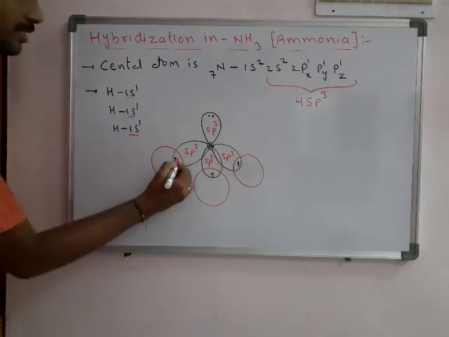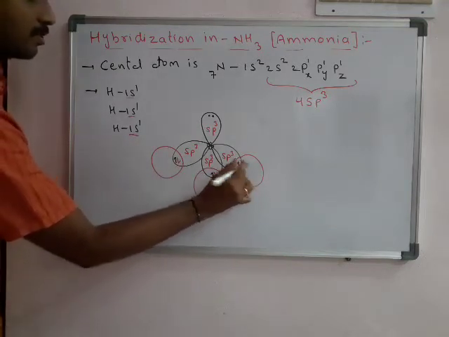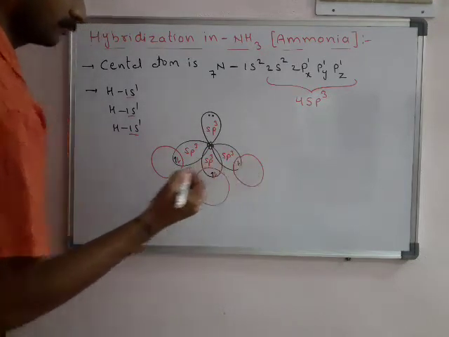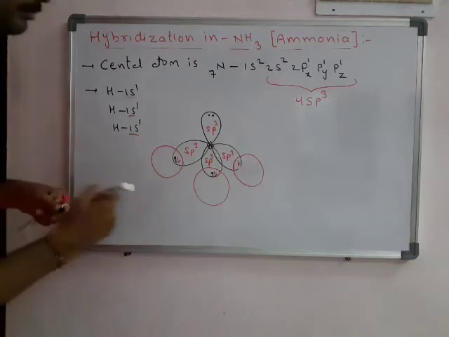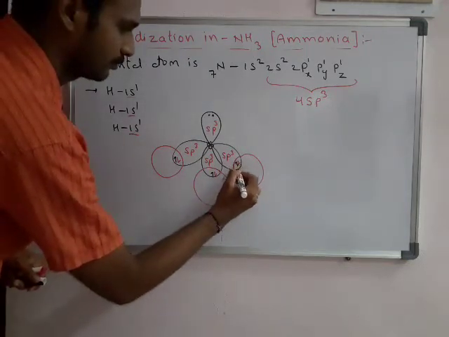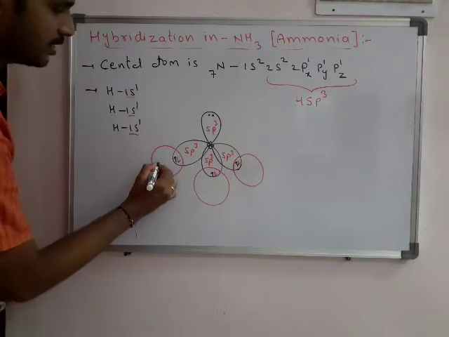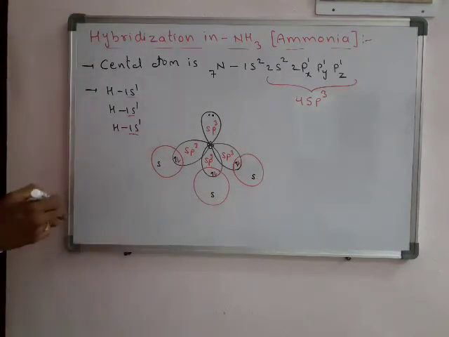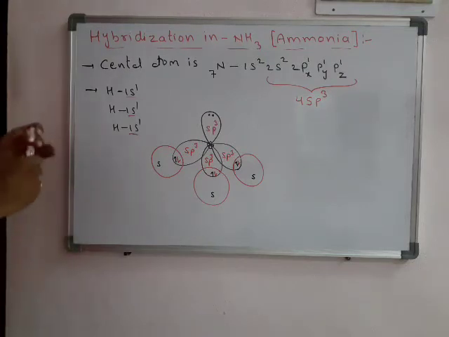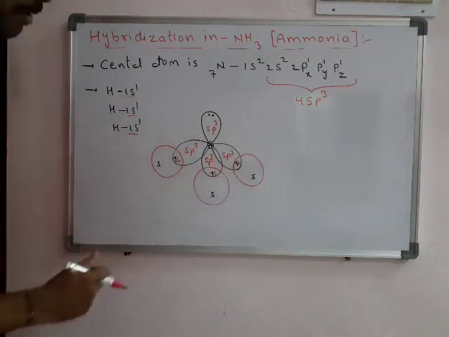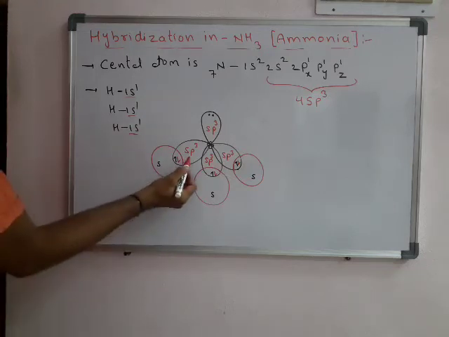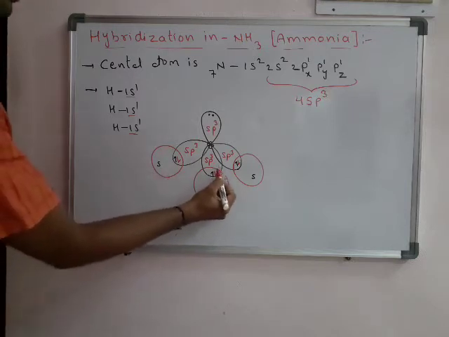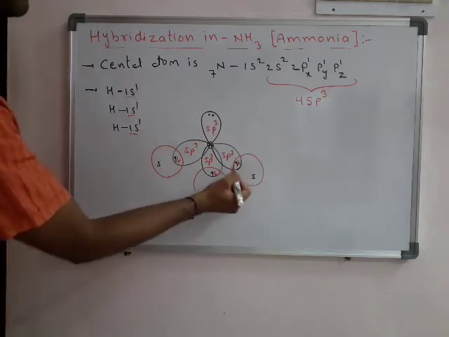So these are the s orbitals of 3 hydrogens. Now how many bonds are formed? 3 bonds are formed by the head-on overlapping of sp3 of nitrogen with s of one hydrogen, s of the second hydrogen, and s of the third hydrogen.